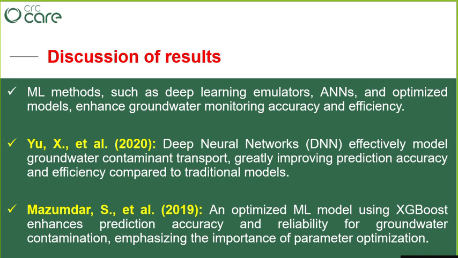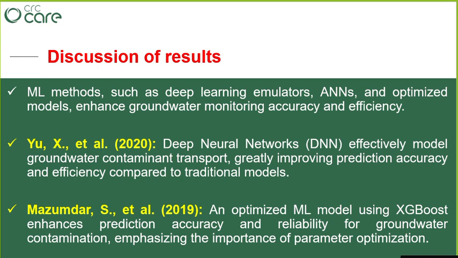Out of 10 case studies, machine learning methods such as deep learning emulators, artificial neural networks, and optimized models enhance groundwater monitoring accuracy and efficiency. So, out of 10 case studies, the best case study related to our topic used deep neural networks, which effectively modeled groundwater contaminant transport, greatly improving prediction accuracy and efficiency compared to traditional models.